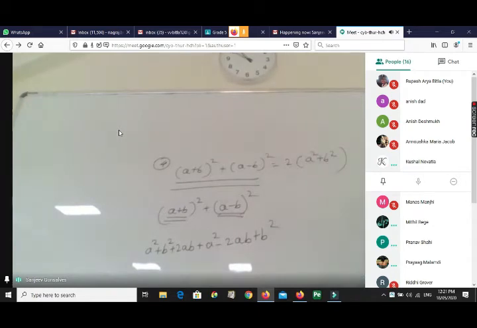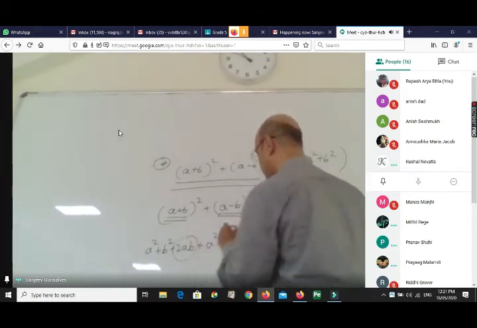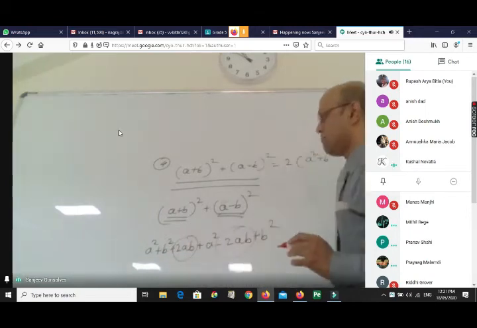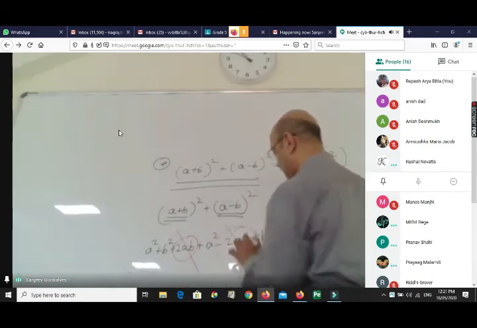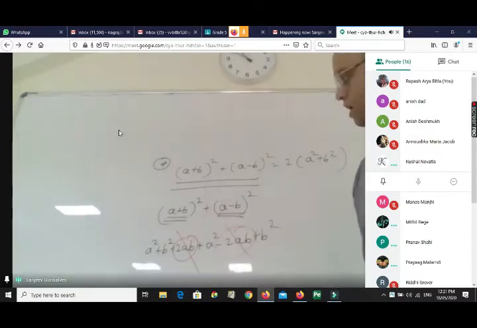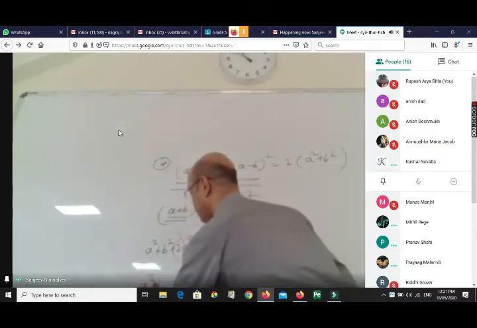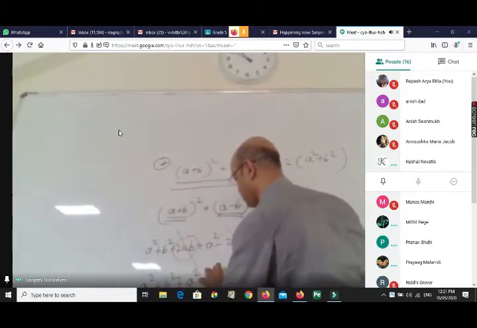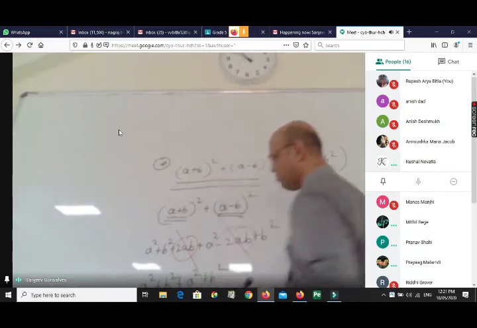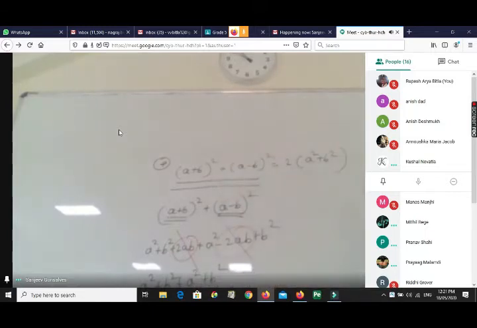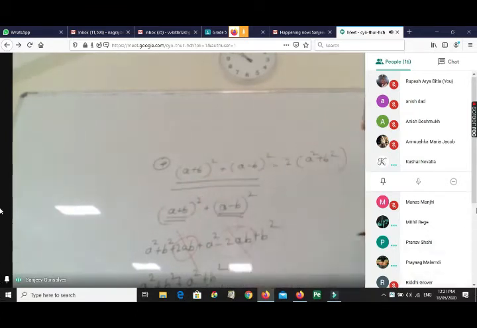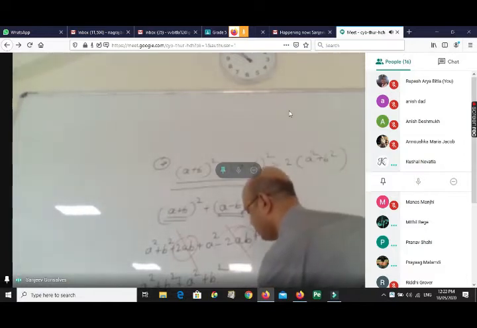Can we cancel something from here? 2ab and this 2ab. Why can we cancel? Because this has a plus sign, this has a minus sign. So this gets cancelled. Then what is left over? a square plus a square, that will be 2a square. b square plus b square is 2b square.